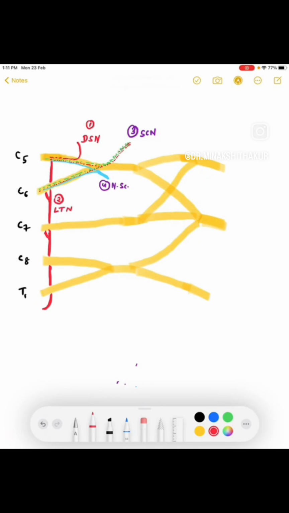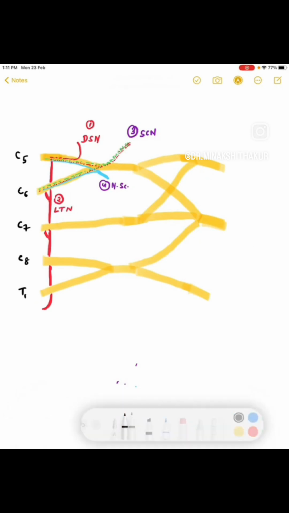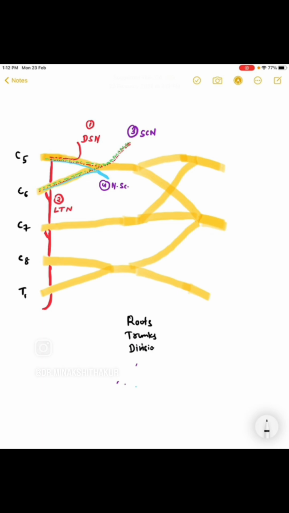So, further continuing with the branches of the brachial plexus. The brachial plexus is divided into roots, trunks, divisions, cords, and further into terminal branches.